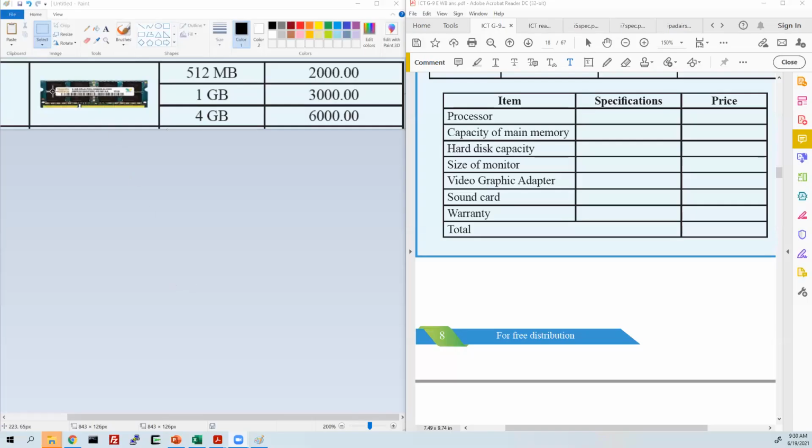Right, let me share the screen again. So what you see here is the memory. The specification, if it is 512, the price is 2000, 1 GB 3000, 4 GB 6000. Again, write down the capacity of main memory, right? And then the price. And once you finish, please send it to me through chat so that I know that you have finished.